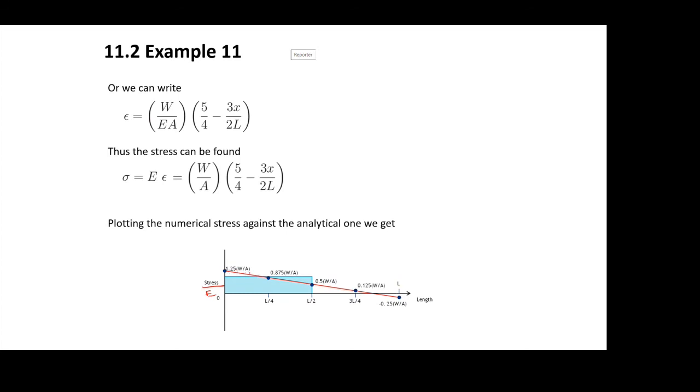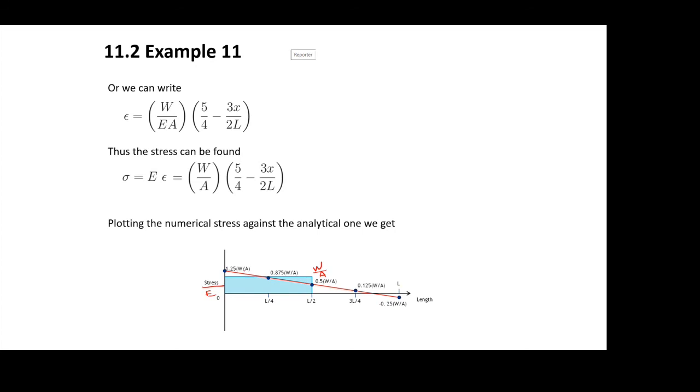Now, the red curve here is the stress we have from the 3-noded element. And the rectangle is the stress you have from the analytical problem. It's just the analytical stress. All right, so this is the value for the analytical stress. Now, this is W over A. This is the cross section.